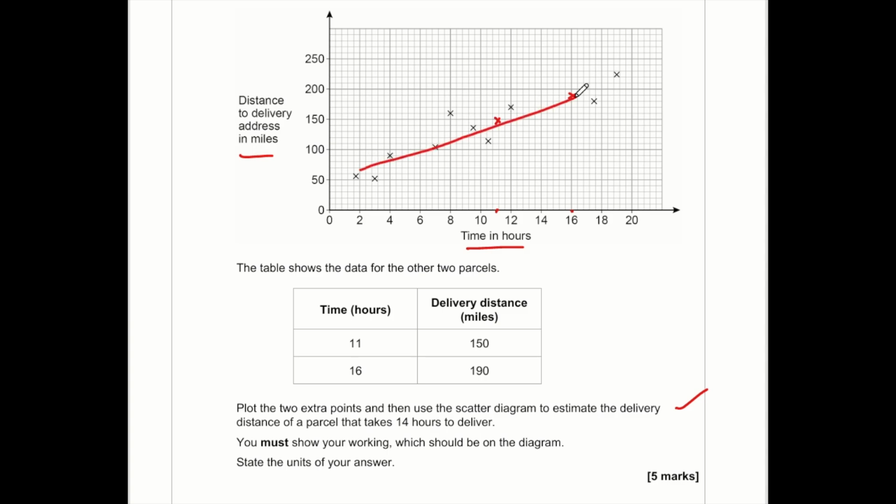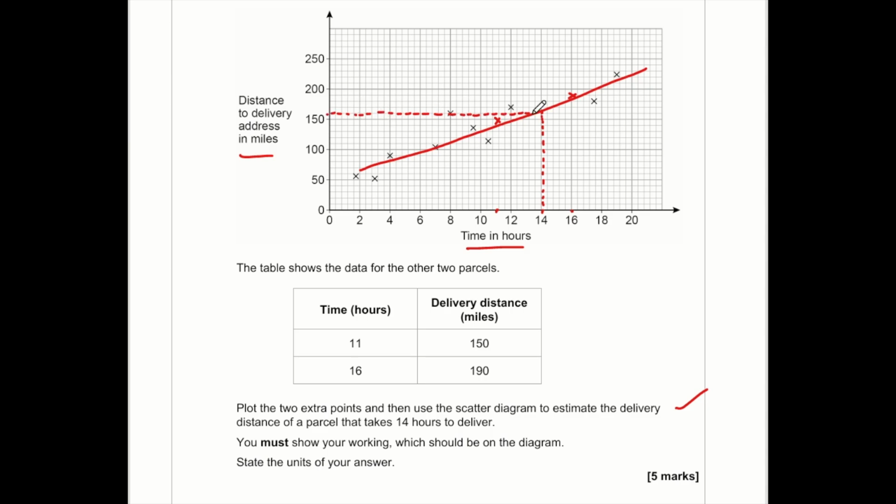So if I draw a line like so, that's not too bad, except you can see it's probably a bit too thick really with the size of the pen ink here, and also it's not completely straight. So I'm sure you can do a better job with a pencil and ruler. So if it takes 14 hours to deliver, we need to go up on the 14 and it hits the line here, and just take that off to the side so that we get a reading.